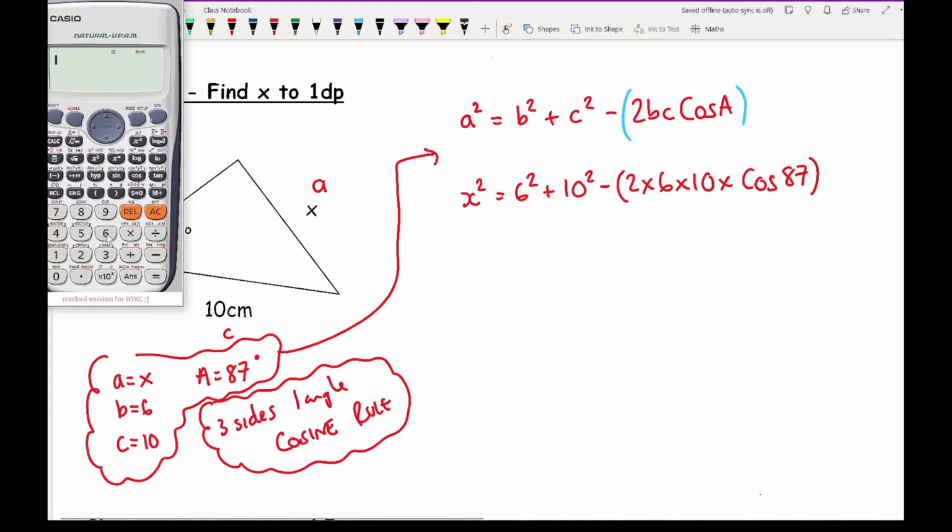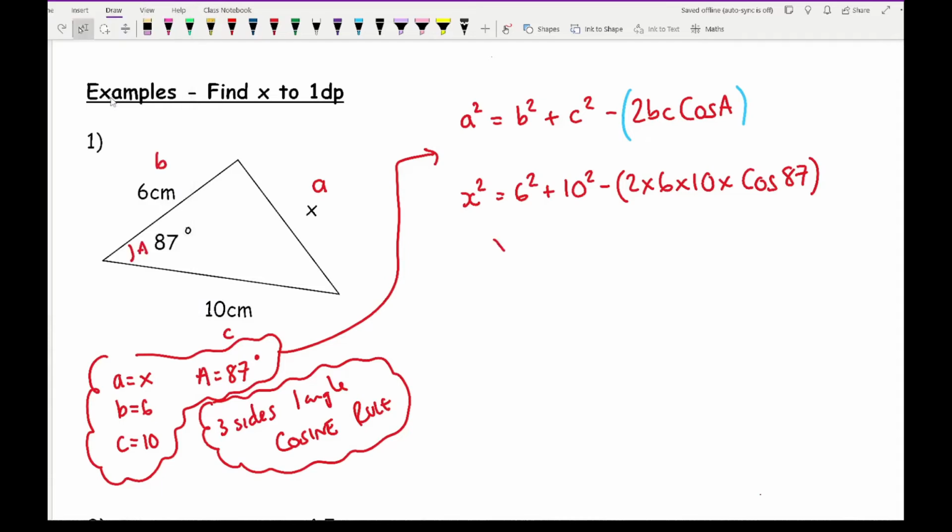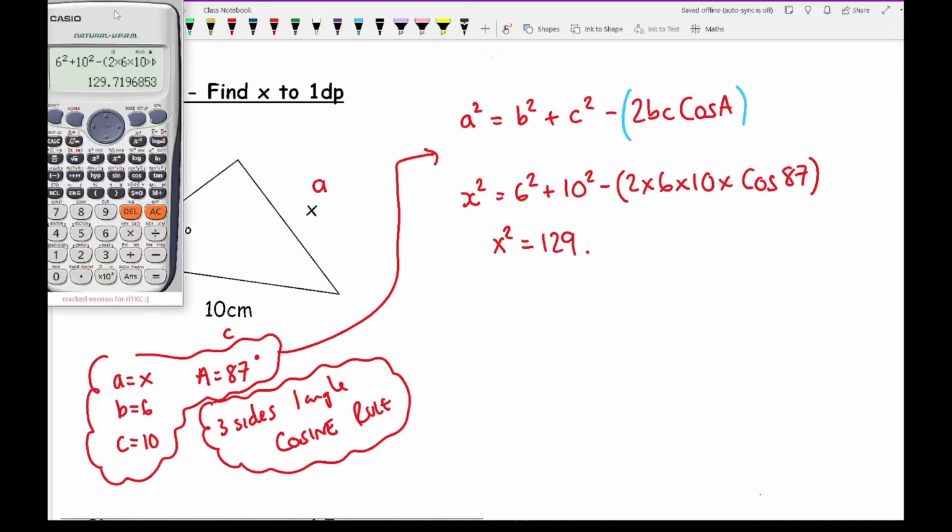So I've got 6 squared plus 10 squared minus bracket 2 times 6 times 10 times cos 87, just need to close that bracket, equals, and I get 129.71.